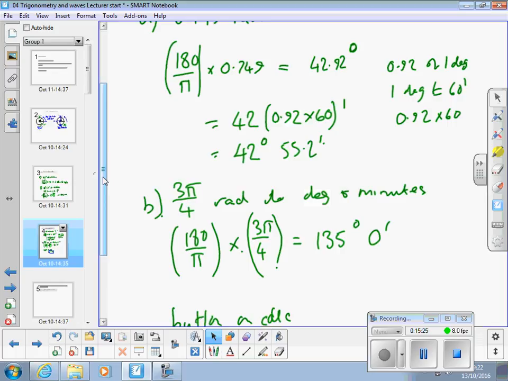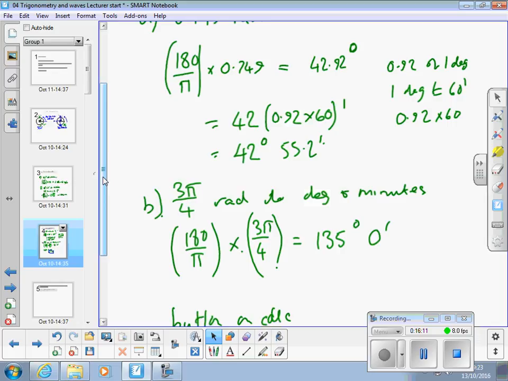So this one at 42.92, if you hit that button after you've done the calculation, it will convert it. Yeah, 42 degrees, 54 minutes, and 52.34 seconds, that first one, to be precise.